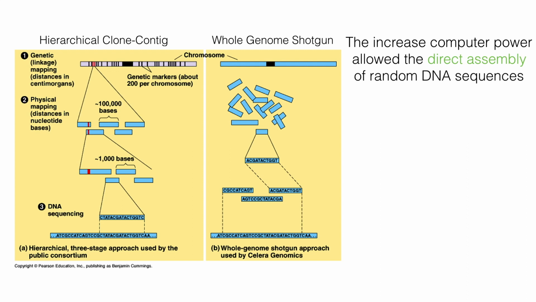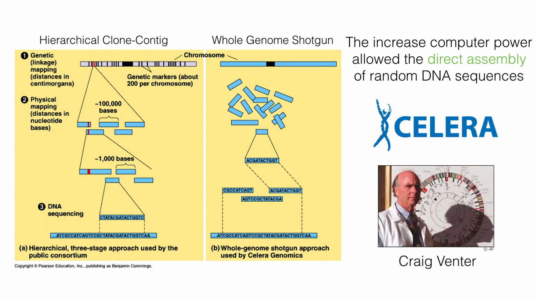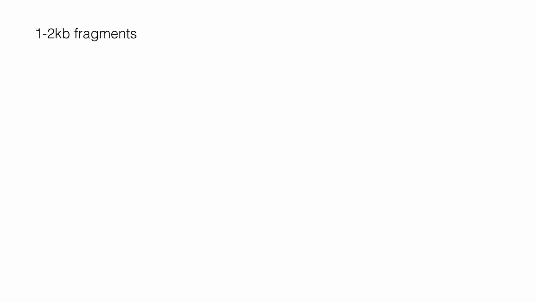So, at the end of 1990s, a private-led alternative was developed by Celera Incorporated, led by Craig Venter, called the whole genome shotgun approach. The Celera approach took multiple copies of the genome and fragmented them into 1 to 2 kilobase fragments that were sequenced without concern for what chromosomes they belonged to.